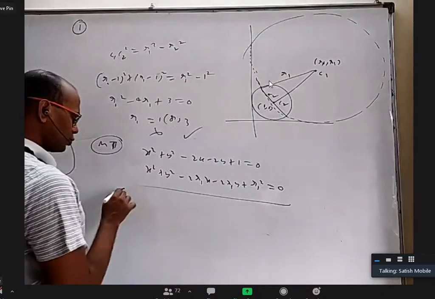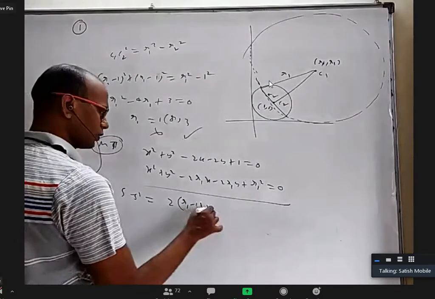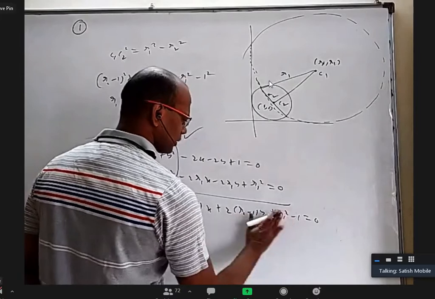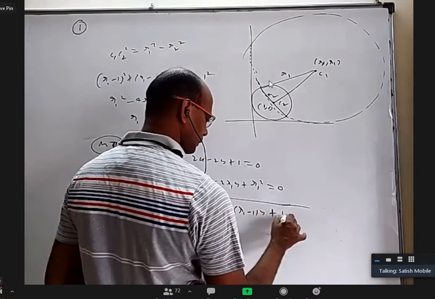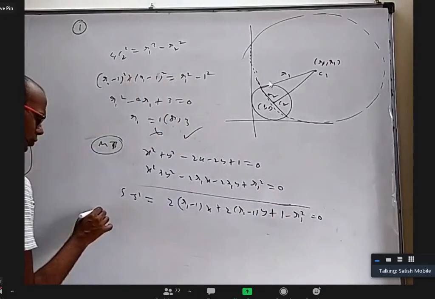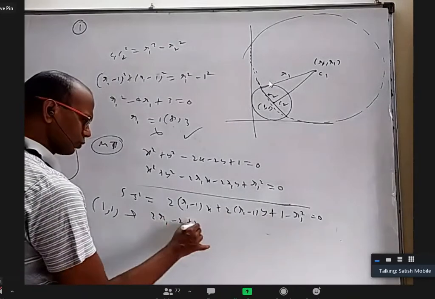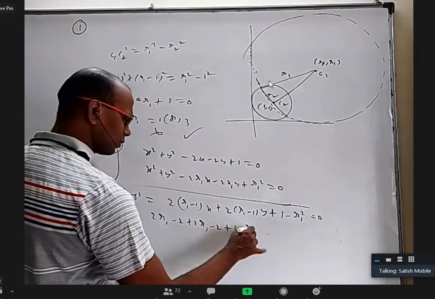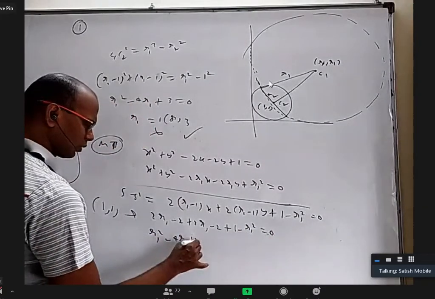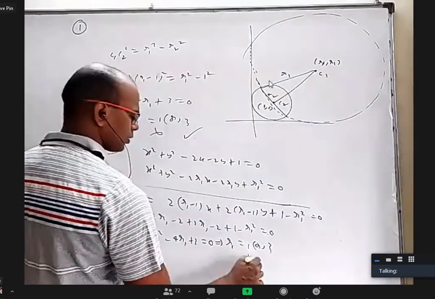So when I subtract these two, S minus S dash, 2R1 minus 1 into x plus 2R1 minus 1 into y plus 1 minus R1 square equal to 0. They should pass through 1, 1. When I substitute 1, 1: 2R1 minus 2, 2R1 minus 2 plus 1 minus R1 square equal to 0. Again, it is R1 square minus 4R1 plus 3 equal to 0. R1 equal to 1 or 3. You cannot take this, we'll take this.